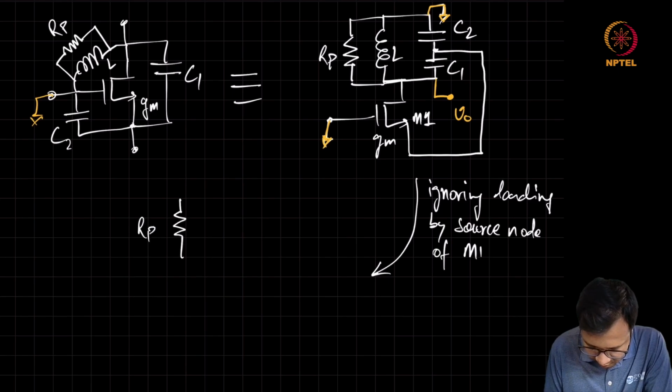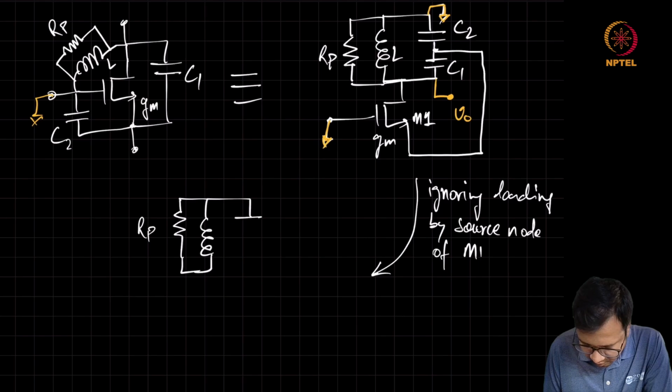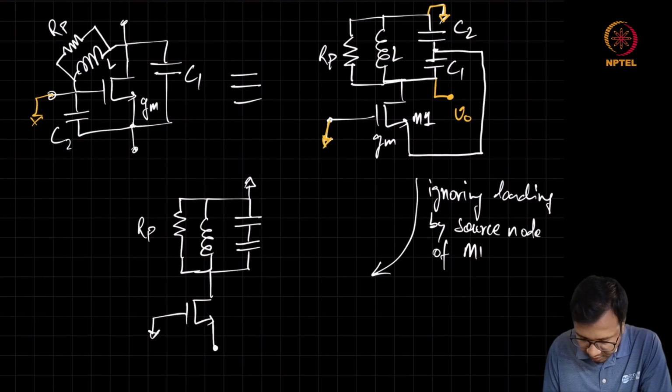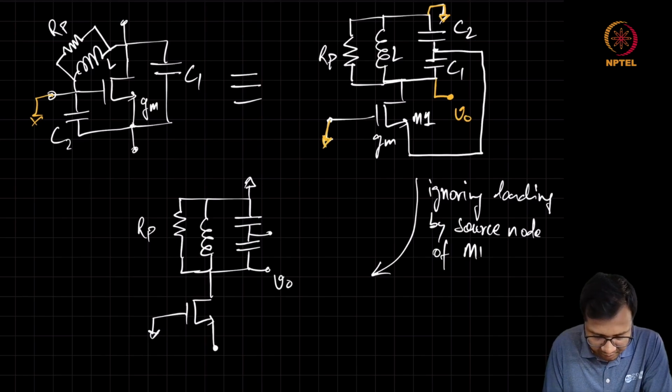then the equivalent circuit will become Rp parallel with inductor L with a series combination of capacitor C1, C2, and the MOSFET is having the drain node connected to the tank, while the source node is connected to this intermediate node.